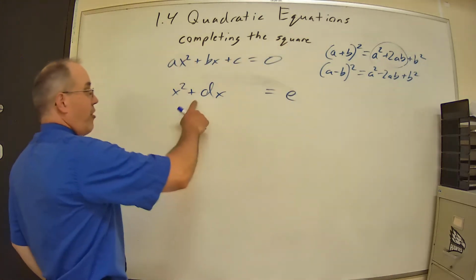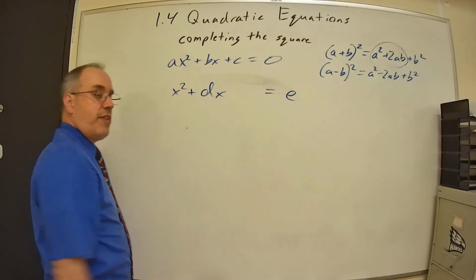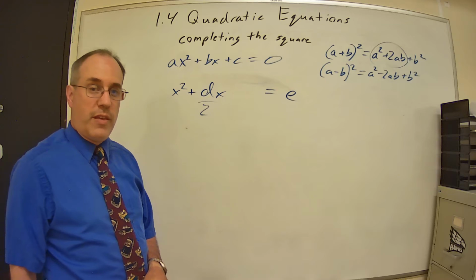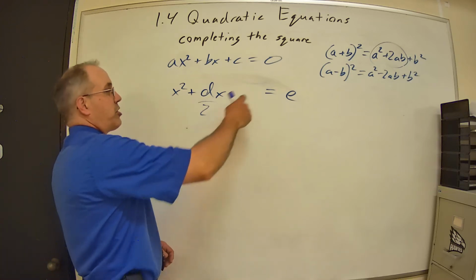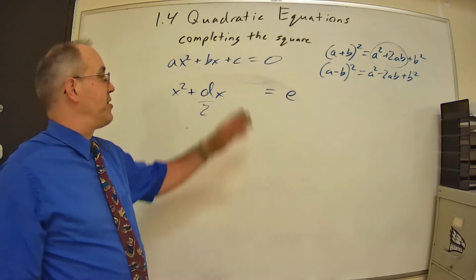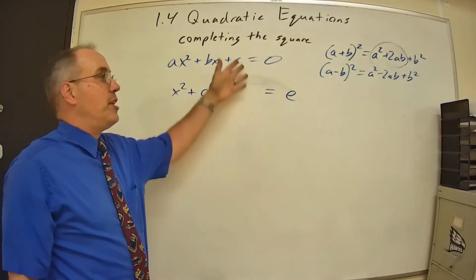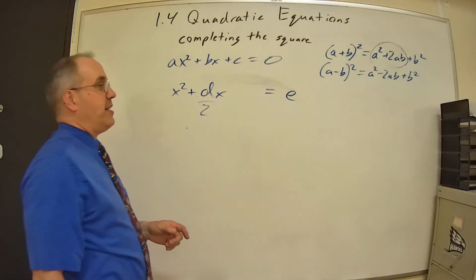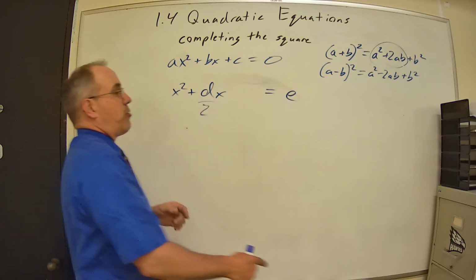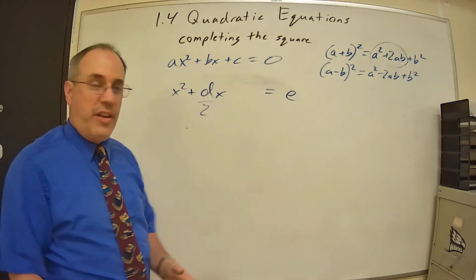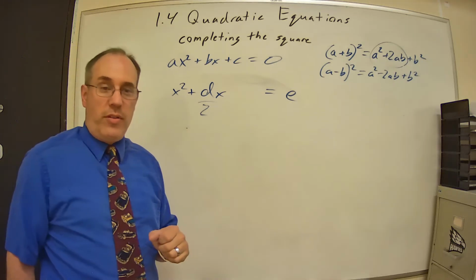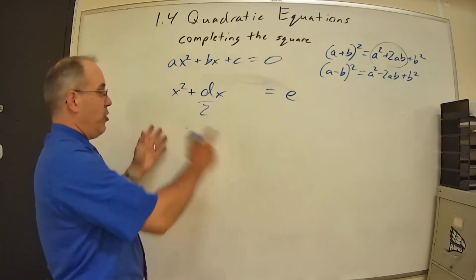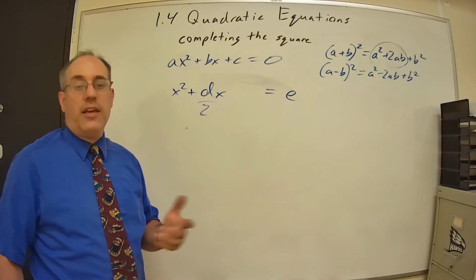We take this middle term and we divide it in half. So we're going to divide that by 2. And then we're going to square it to get this other piece, because this is actually going to be the constant term that we're going to create. Once we've done that, we can then rewrite this in terms of a plus b squared. So we can write it as the square of a binomial. Once we have that, we can start manipulating and get to the final result.